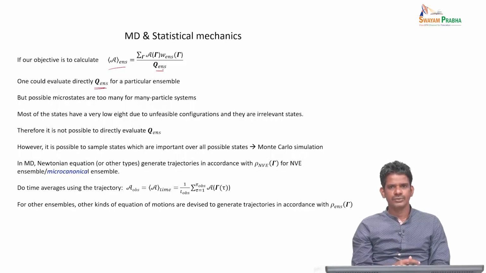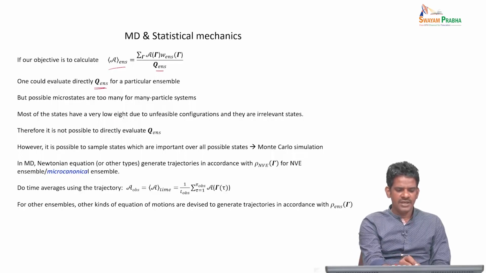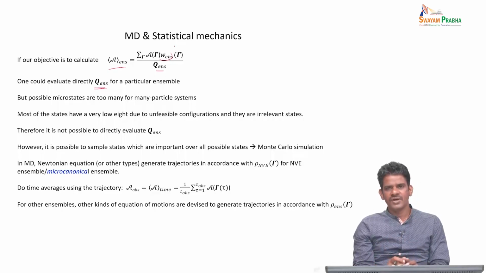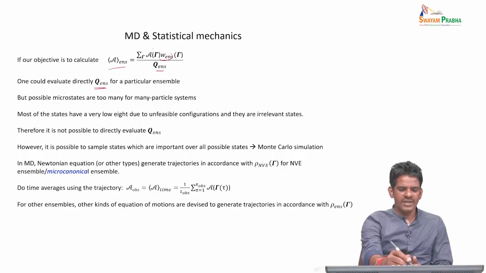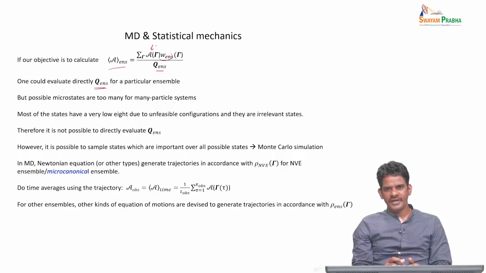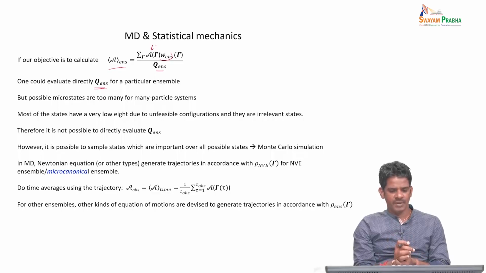Even if you could enumerate all possible microstates, many of them weigh very little because they are not relevant and don't contribute much to the property A. So we might be interested in finding only certain important microstates that contribute most to the property.